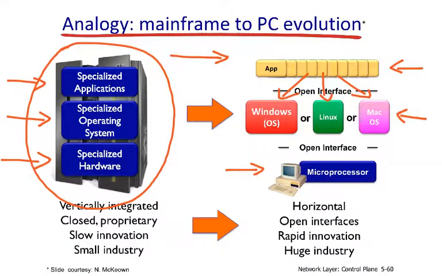So we pass from closed to, let's say, open computers. And in order to pass from the hardware layer to the operating system layer, we had an open interface. And in order to pass from the operating system layer to the application layer, we also have open interfaces.